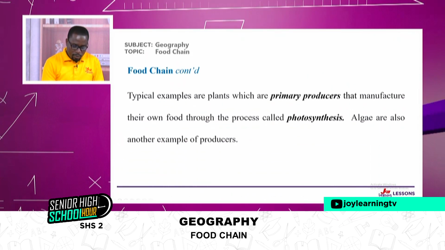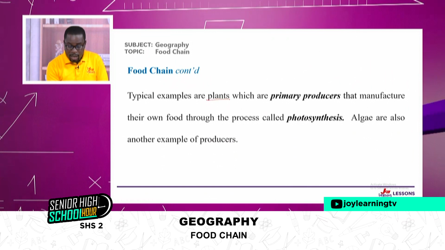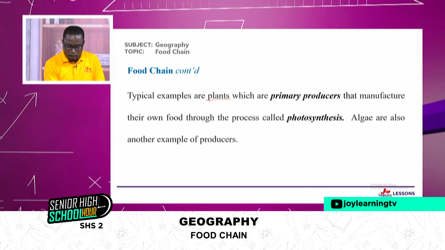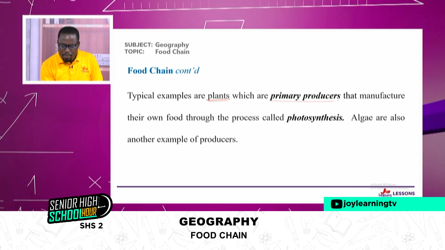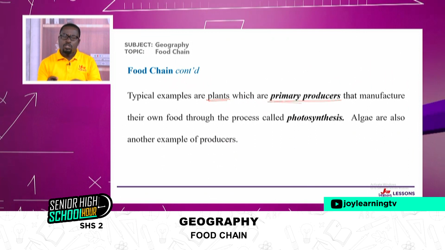Still on the explanation, typical examples are plants. I told you that let your attention go toward plants. Typical examples are plants, which are primary producers. So for plants, all that they need is the sunlight, the solar energy.